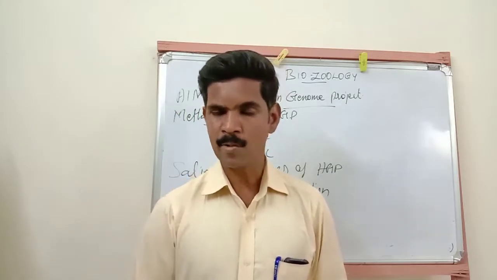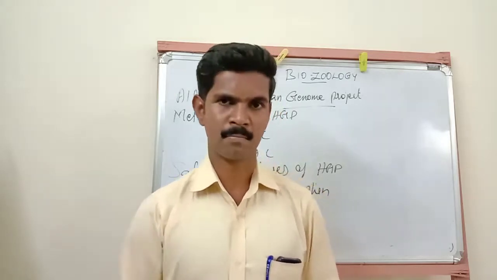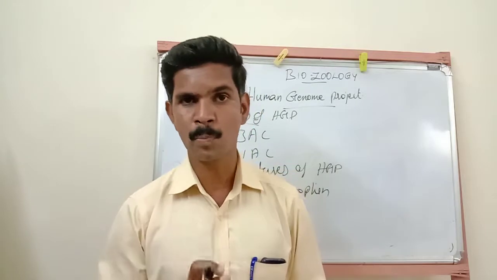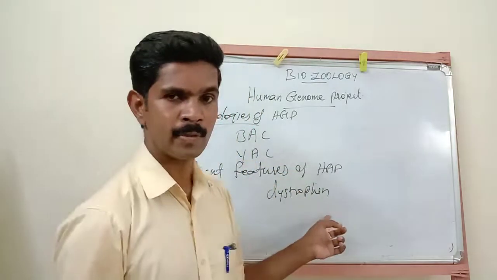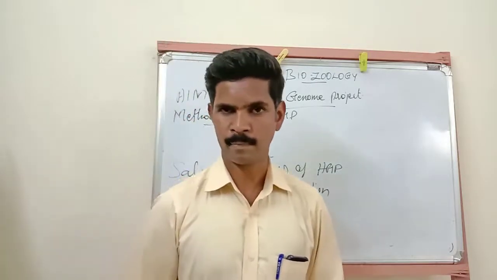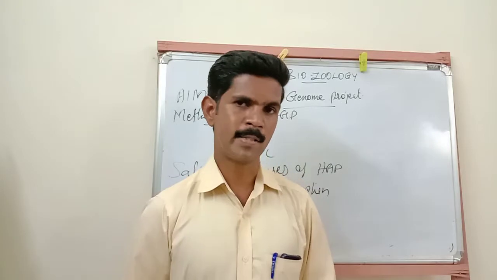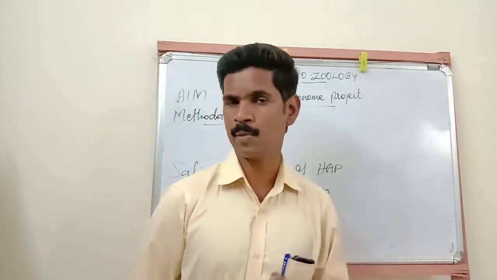This dystrophin consists of 2.4 million bases. So more than 2.4 million bases are present in the dystrophin gene. So this gene is considered the largest gene. So this is the second salient feature of the Human Genome Project.